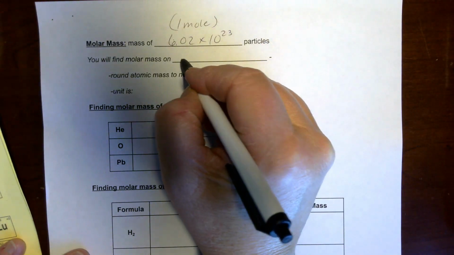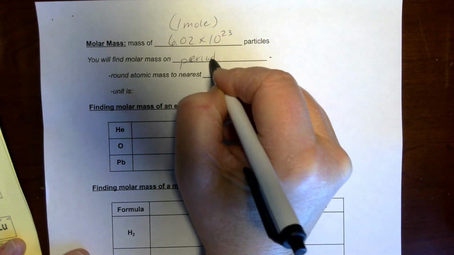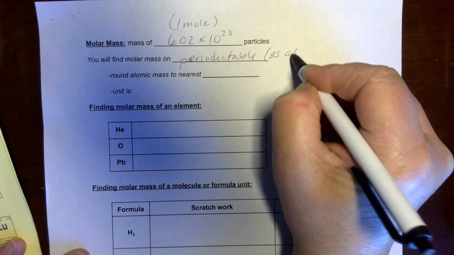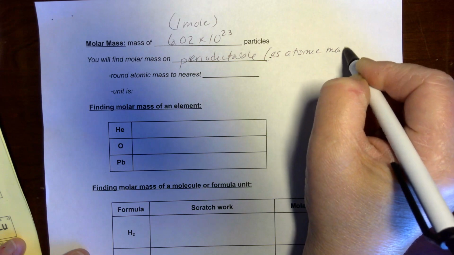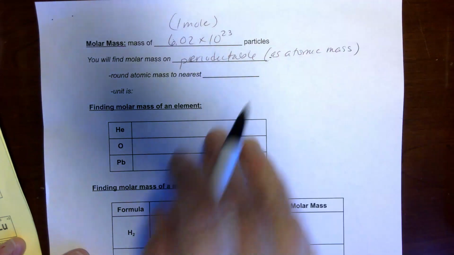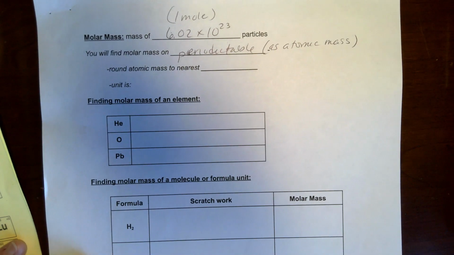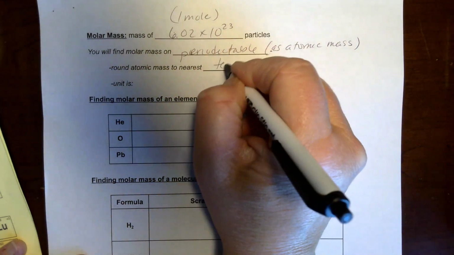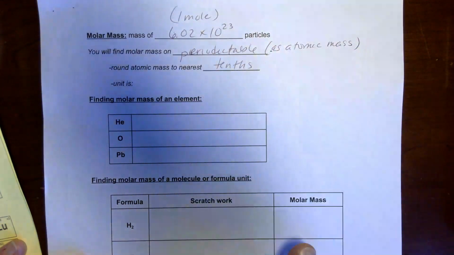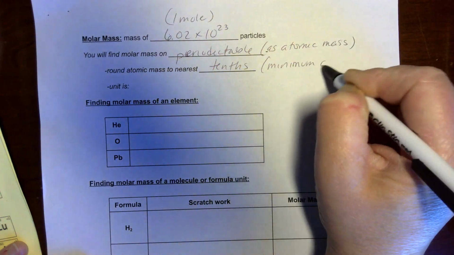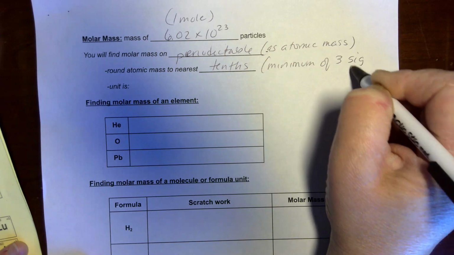You will find the molar mass on the periodic table as atomic mass. For consistency's sake, we're going to round atomic mass to the nearest tenth, and you're going to try to get a minimum of 3 sig figs.